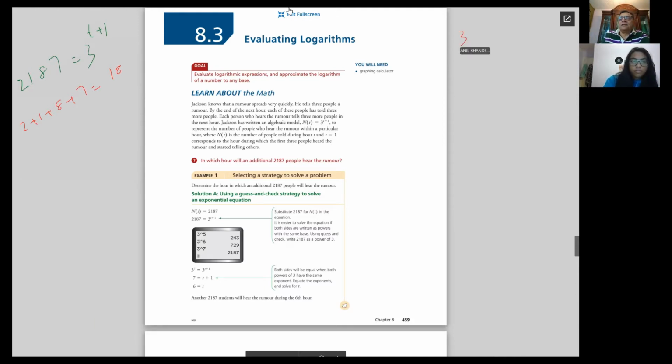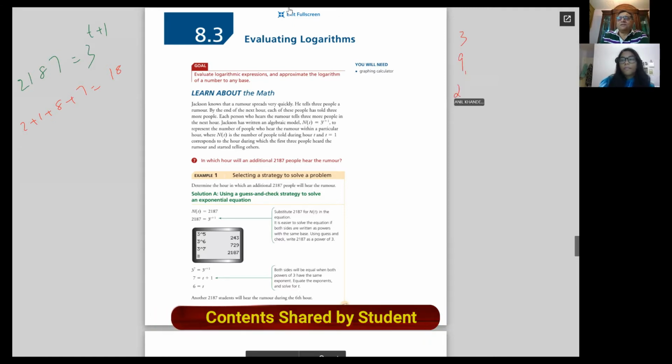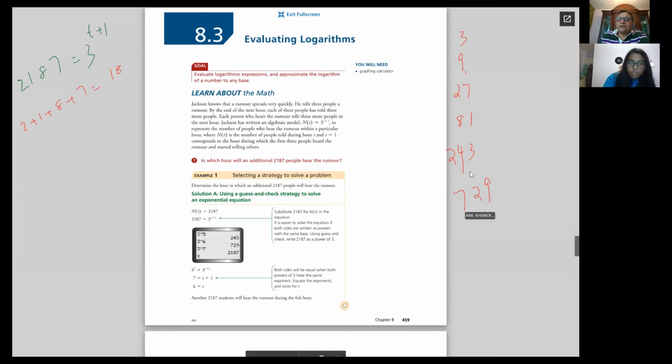So 3, and when you multiply by 3, you get 9, times 3 is 27, times 3 is 81, times 3 is 243, times 3 is 729, times 3 is 2187.